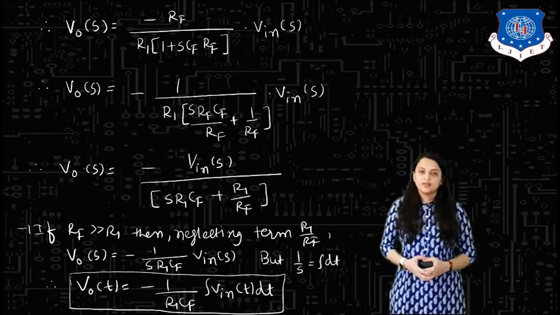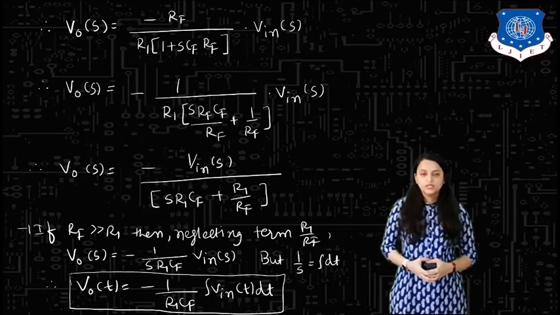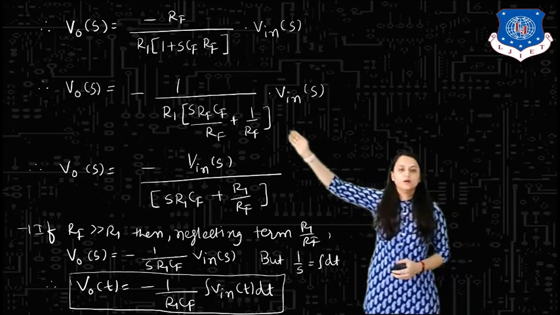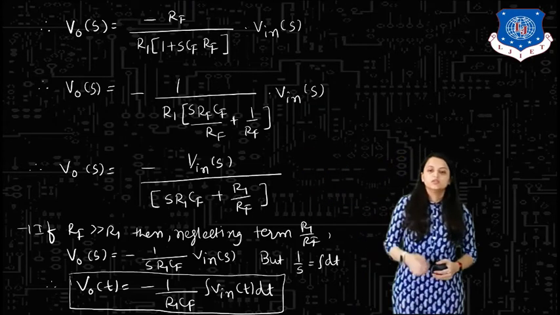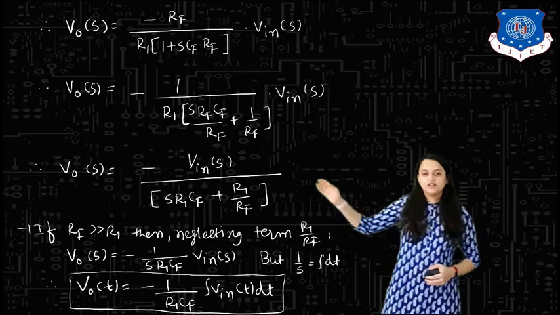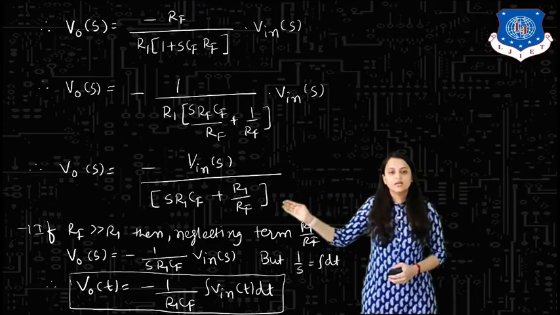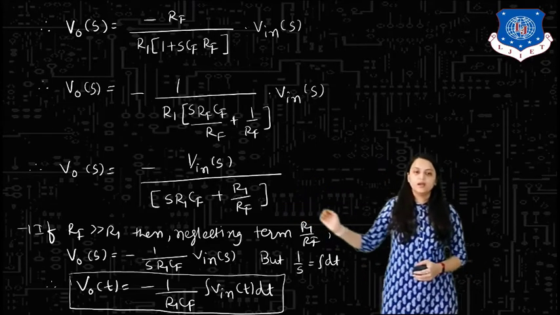So Vo(S) equals minus 1 by R1 into (S Rf Cf upon Rf plus 1 by Rf) into Vin(S). So Vo(S) equals, finally we will have minus Vin(S) divided by (S R1 Cf plus R1 by Rf).